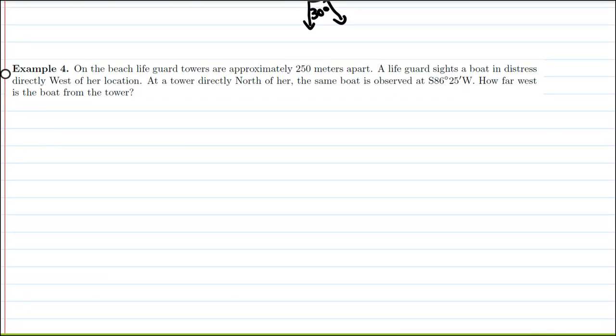So on the beach, lifeguard towers are approximately 250 meters apart. A lifeguard sights a boat in distress directly west of her location. At a tower directly north of her, the same boat is observed at south 86 degrees 25 minutes west. How far west is the boat from the tower?